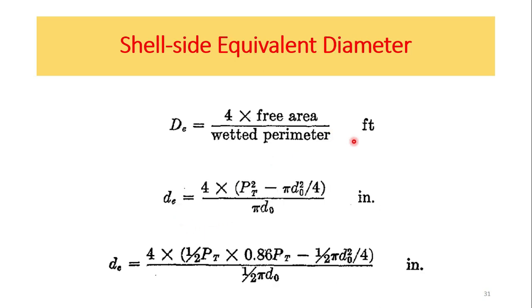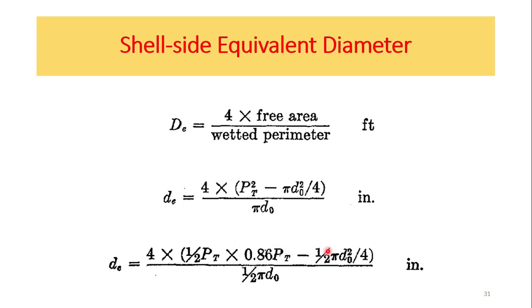Similarly, the shell side equivalent diameter is 4 times the free area divided by the wetted perimeter, right? The free area for the shell side has a formula, this one for the square pitch. If the tubes are arranged in a triangular pitch, you have to use this other formula, in order to find the shell side equivalent diameter.